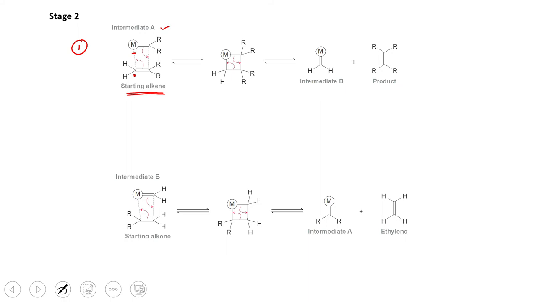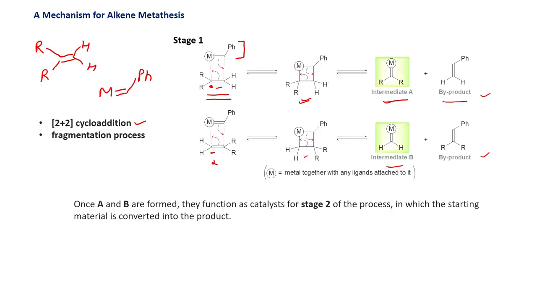So first you get your cyclic product, this bond formation, and when this ring opens you will see this is your intermediate B and the other product will be your required product. So intermediate B, you can see, is the same as this one.